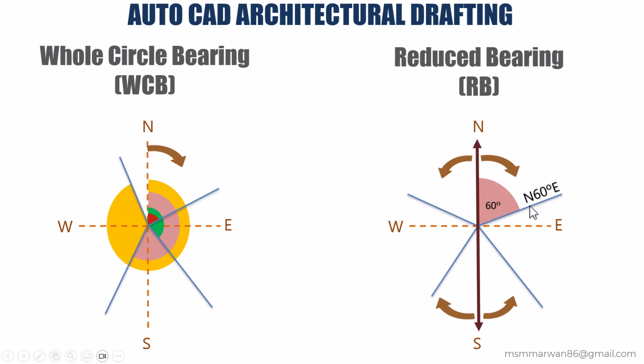We can say from north 60 degrees to east. We say north 60 degrees east. And this angle we can say north 60 degrees west. And here we have two angles. This one is 30 degrees, south 30 degrees east, and this one south 25 degrees west. Now that's all about the whole circle bearing and the reduced bearing.